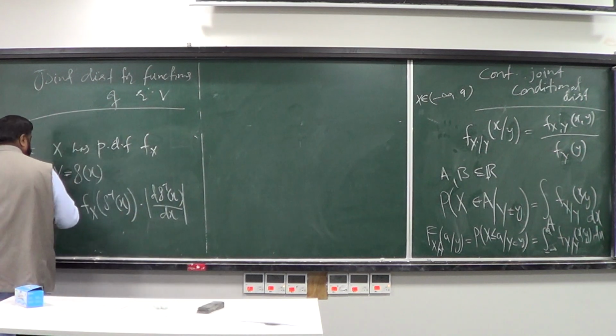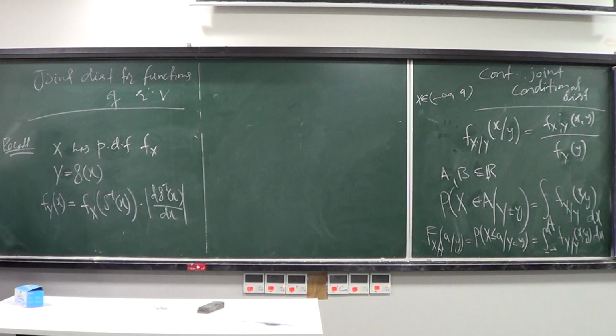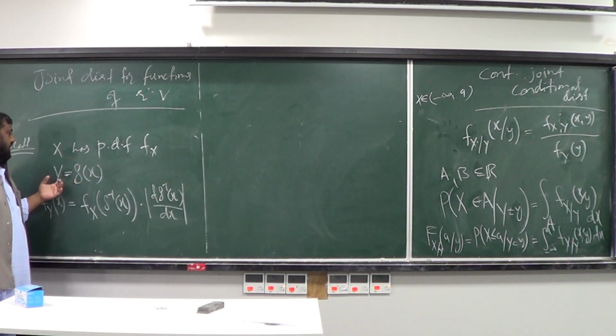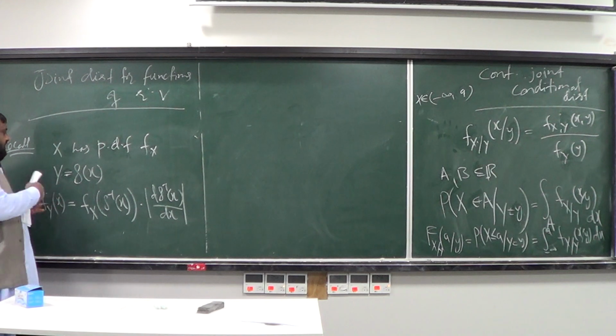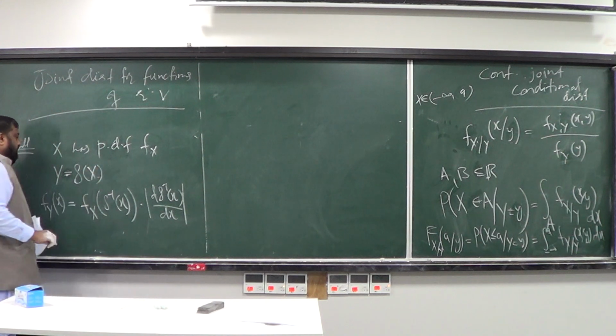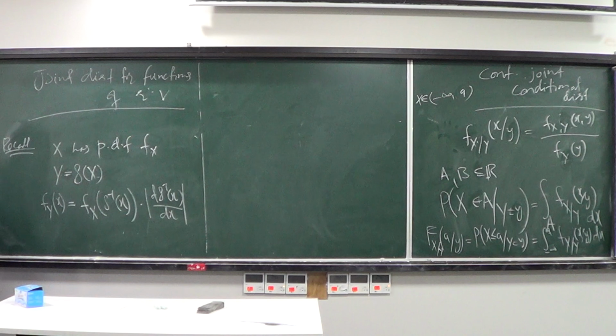If you remember, we had this formula in one dimension: if X has a PDF f_X and you have some nice function of X, and we give it a name Y, the question is, what is the PDF of Y? We derived and proved this formula previously.